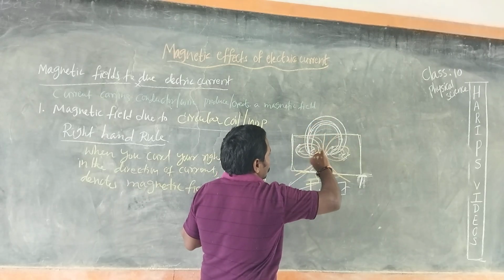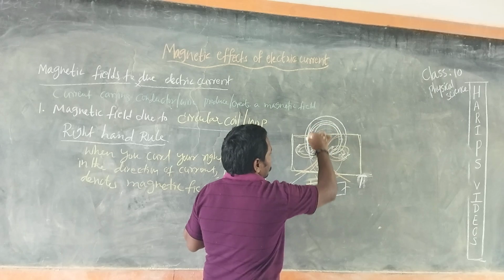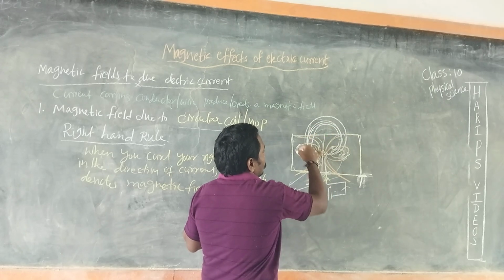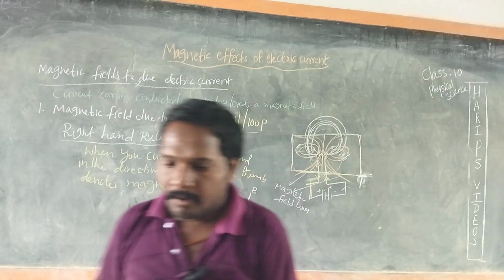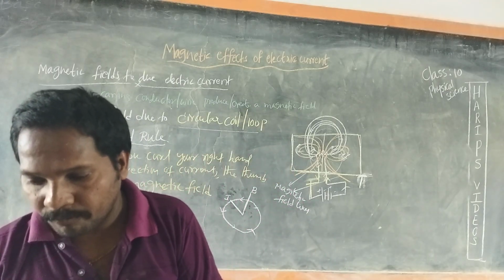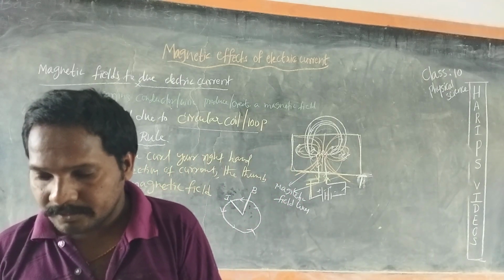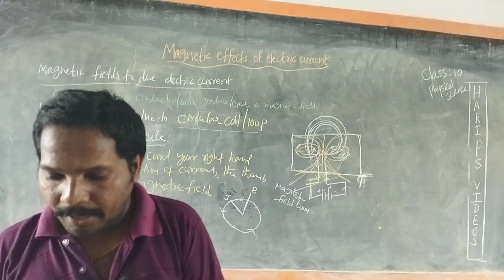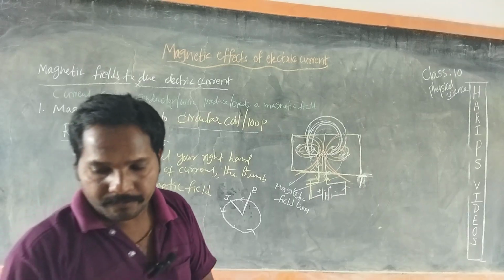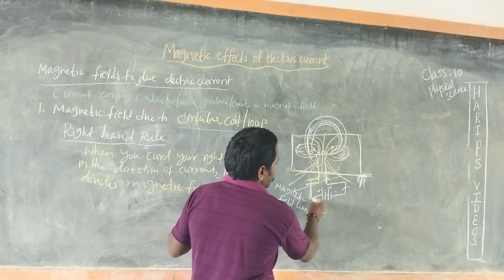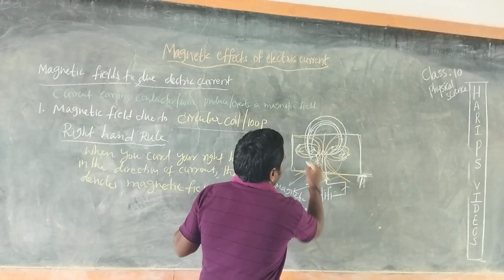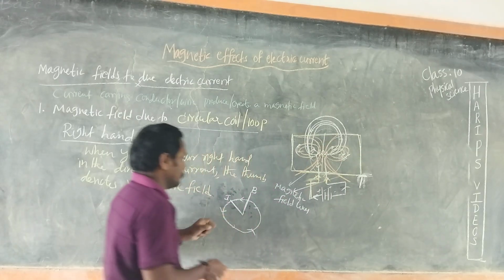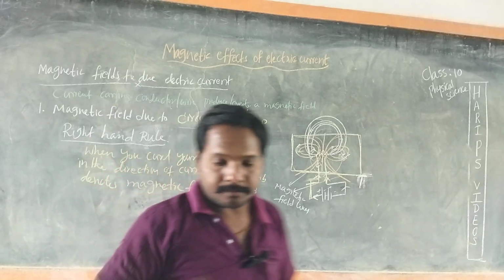So here the magnetic field increases. This is the direction of current. Circular loop of wire carrying current, magnetic field lines. This is the direction line. So simply with our right hand.